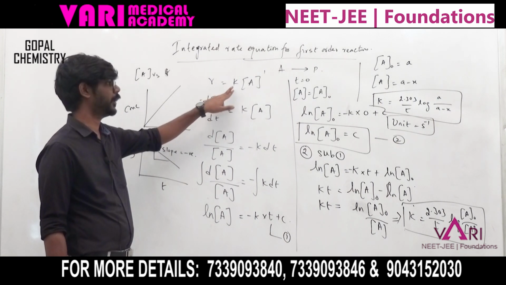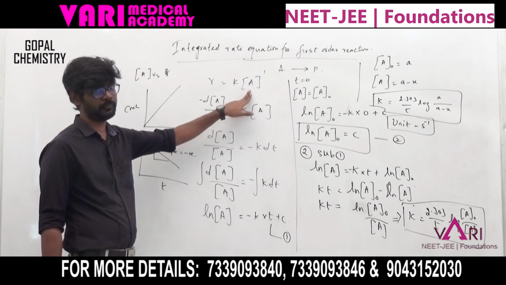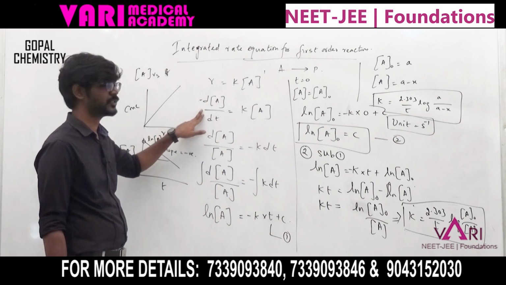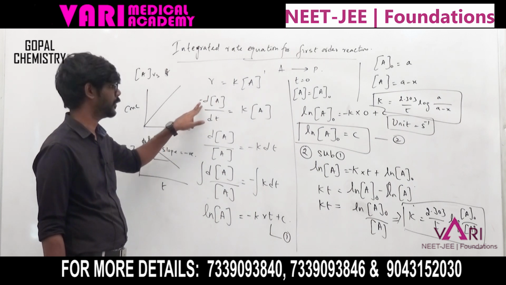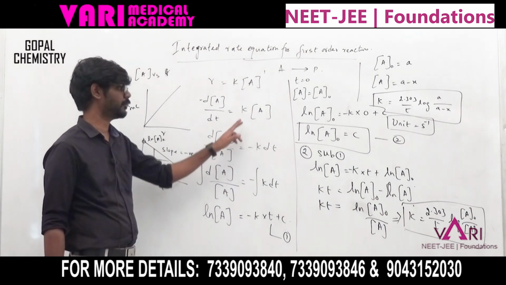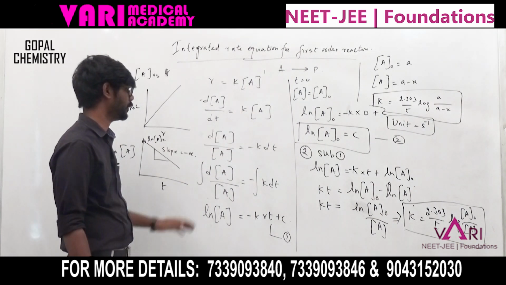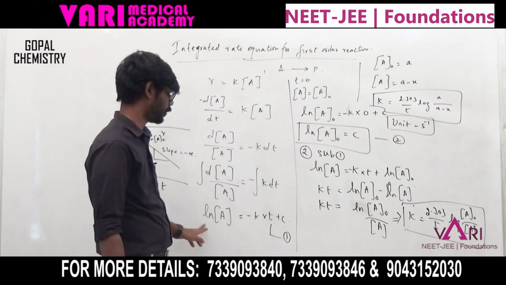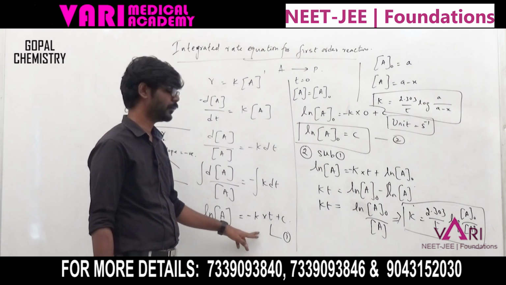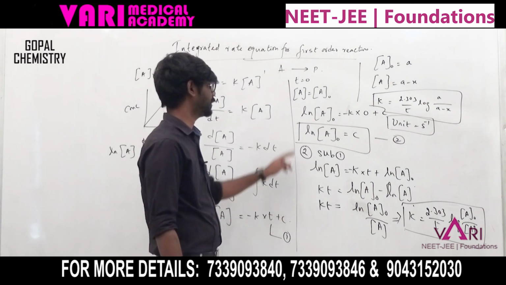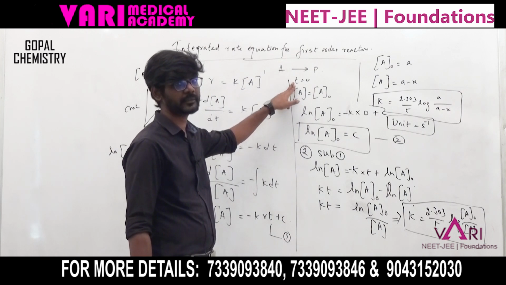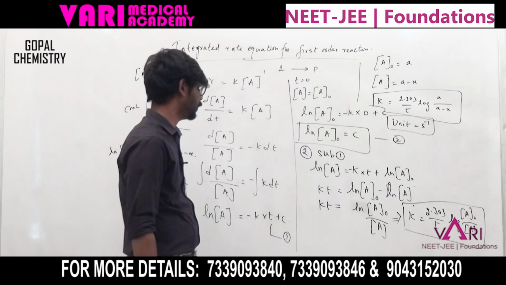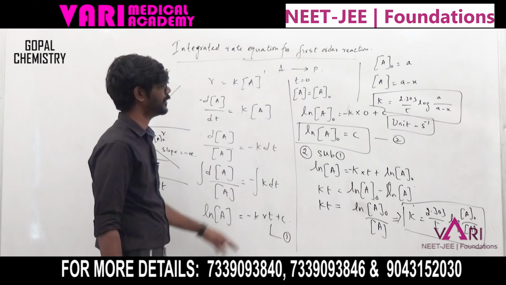R equals k, the rate constant, into the concentration of one reactant, that is A. We can write this R in terms of change in concentration, or average rate expression, minus d[A]/dt, which equals rate constant into concentration of A. We can interchange, and taking integration we get negative ln A equals minus k into t plus C. Here at t equals 0, that means the reaction is yet to start, that is the initial time, the concentration of reactant must be A naught.